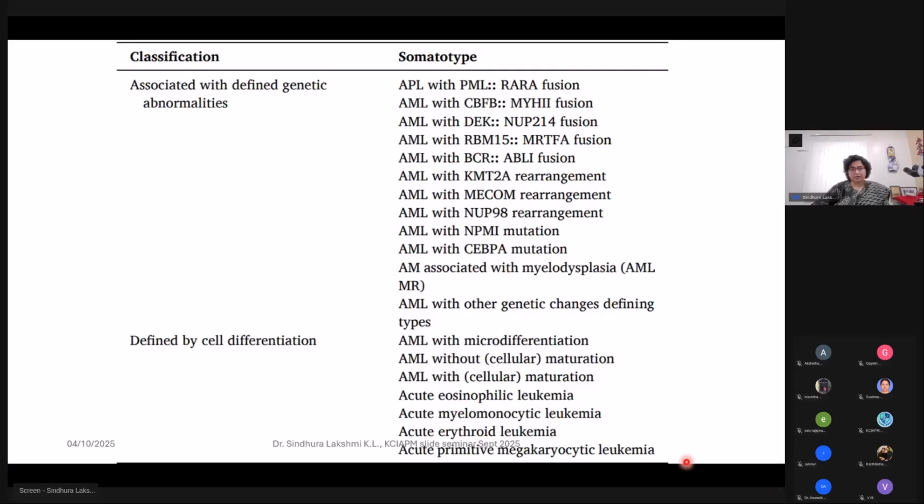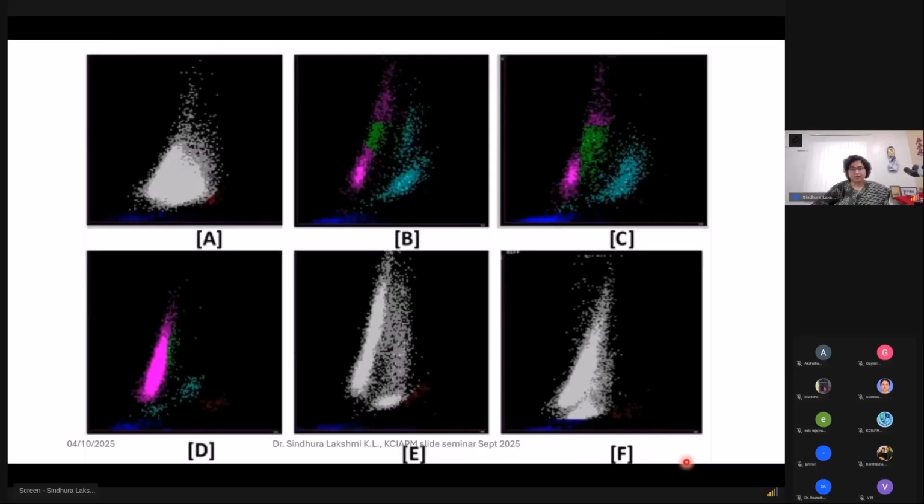You can mention FAB classification if you are keen on that, but even then, make sure that you have done an all nucleated cell count and not a non-erythroid cell count, which will alter your differential percentage of blasts and thereby misclassify the AML.